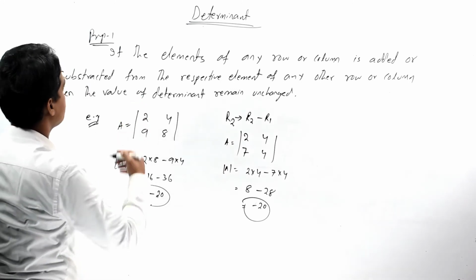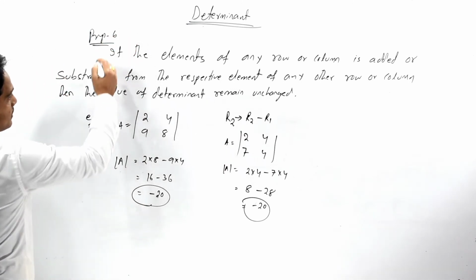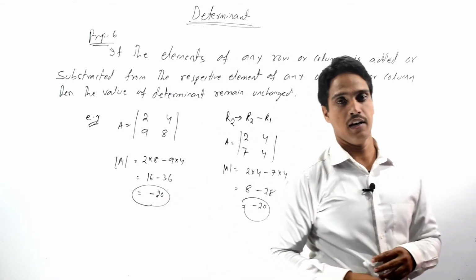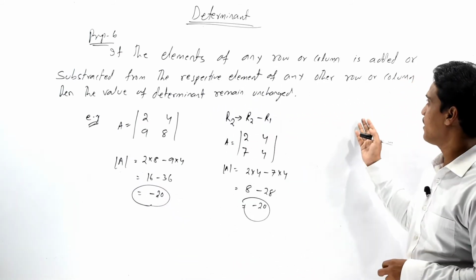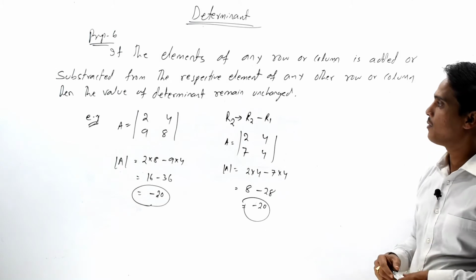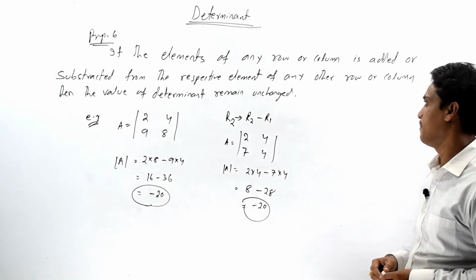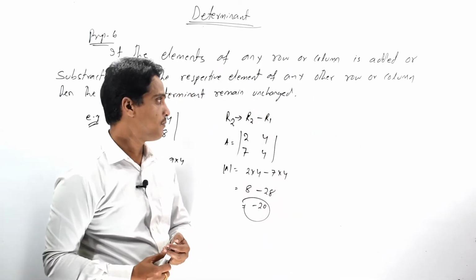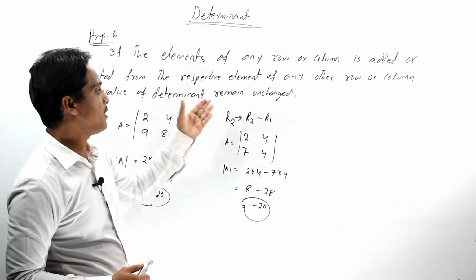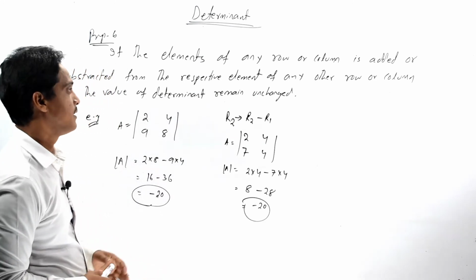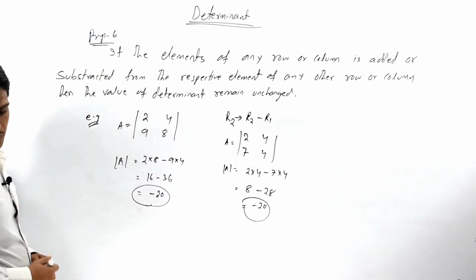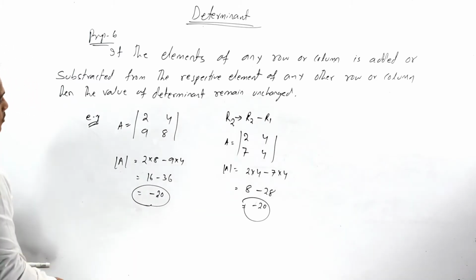So in our sixth property, if the elements of any row or column are added or subtracted from the respective elements of any other row or column, then the value of the determinant remains unchanged. So now come to our seventh property.